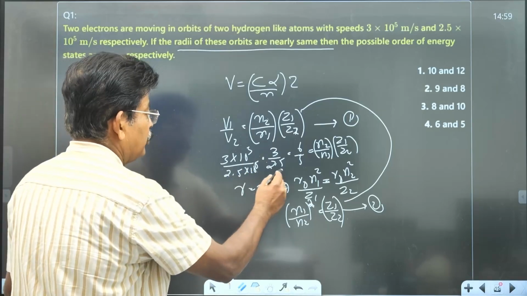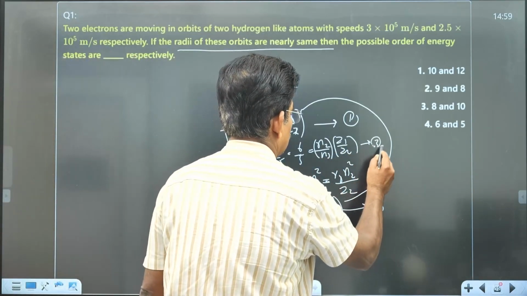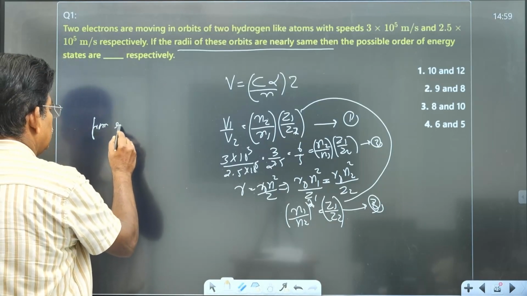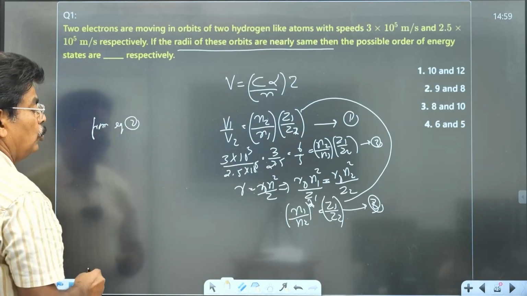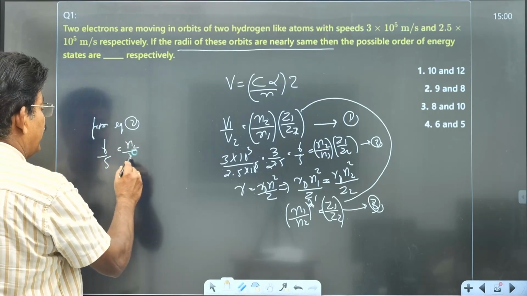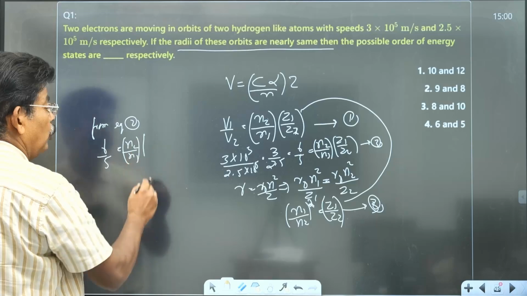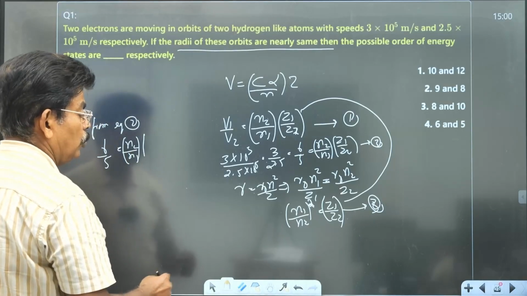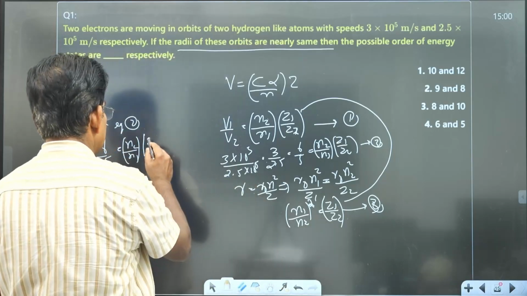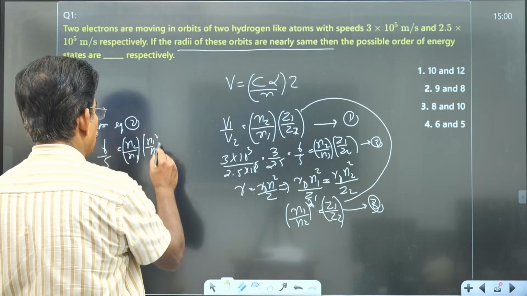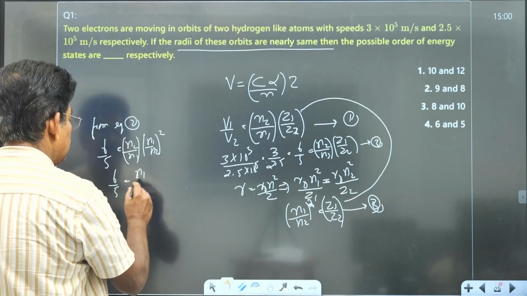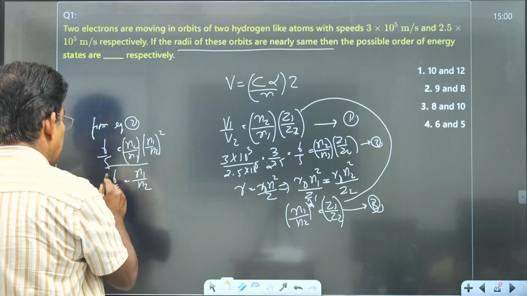Therefore, from equation 2, 6 by 5 is equal to N2 by N1 into Z1 by Z2, and Z1 by Z2 is also N1 by N2 whole square. So 6 by 5 is coming to be N1 by N2.